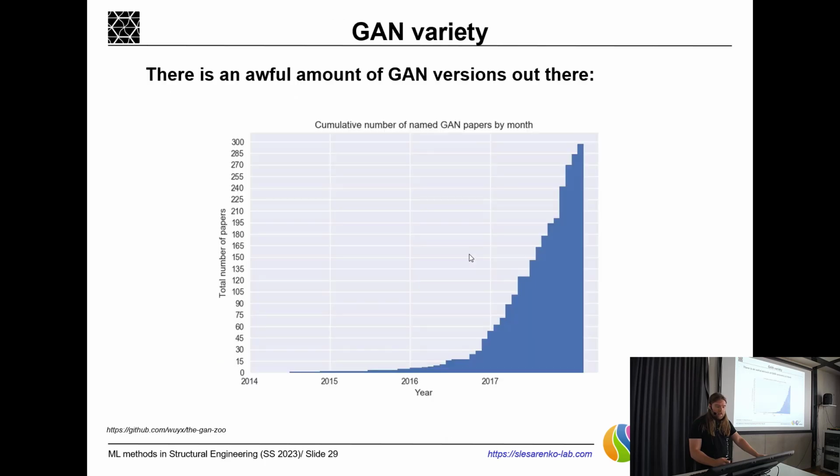Someone tried to keep track of them, but I think they stopped after 2017, because you can see that these are the papers with distinct GAN architectures that were published each month. In 2017, this reached 300 different architectures a month. So that's more papers than I can read. And yeah, there are a lot of them. Let's have a look at some of the highlights.